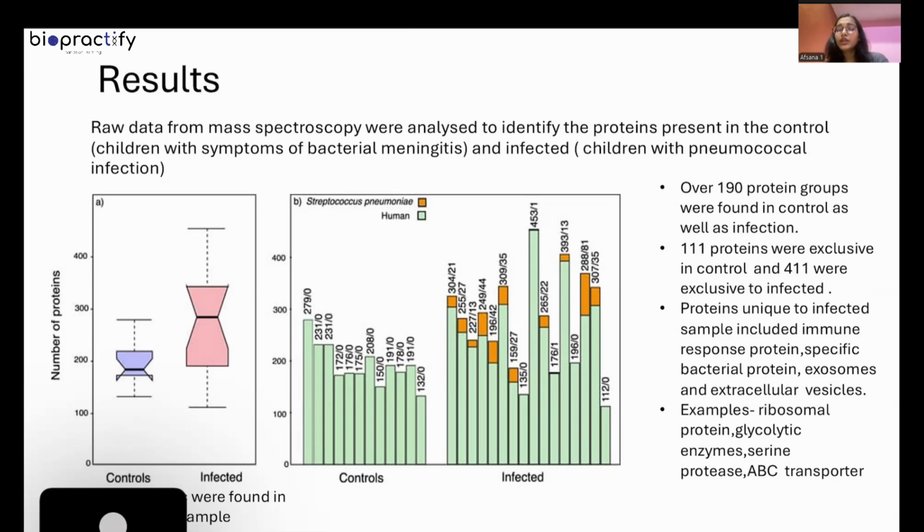Since the infection was there, the immune response was very active and numerous immune cells could be seen. Apart from the immune response, bacterial proteins were also highly present in the infected samples due to the presence of Streptococcus pneumoniae, and exosomes and extracellular vesicles were there to take in and out different products from the cells in the infected samples.